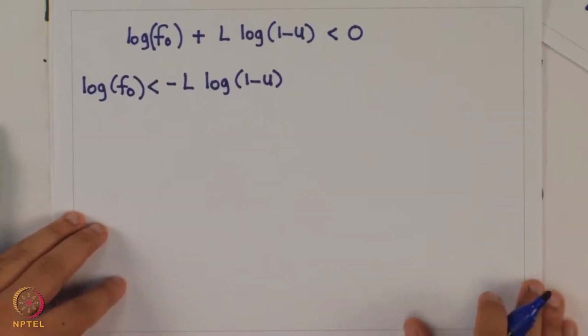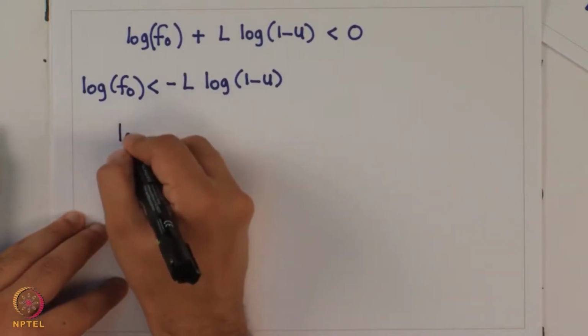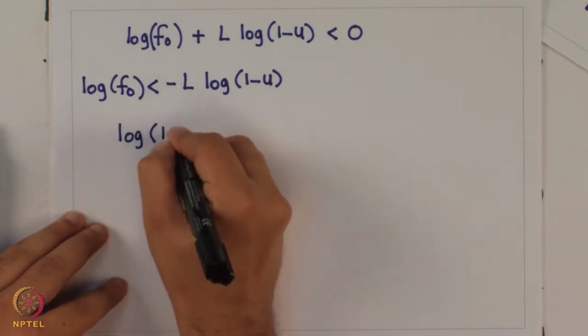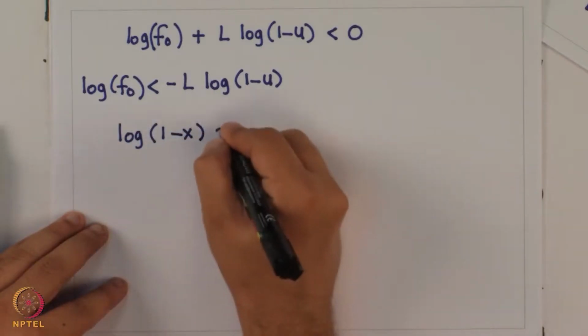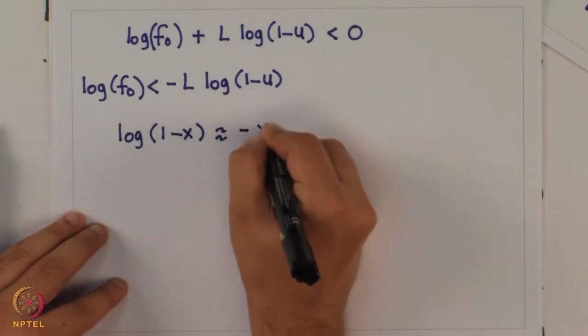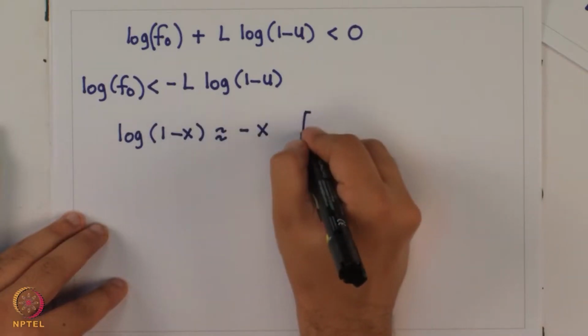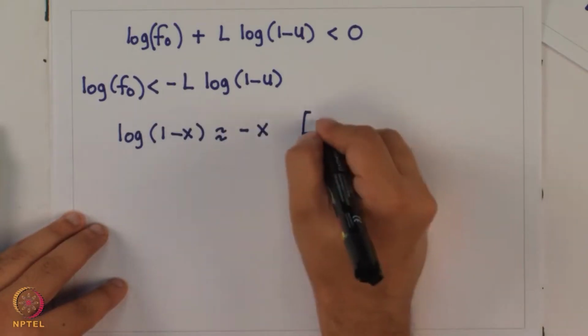And now I am going to use a very simple property of logarithms, which is that log of 1 minus x is approximately equal to minus x, provided x is small compared to 1.